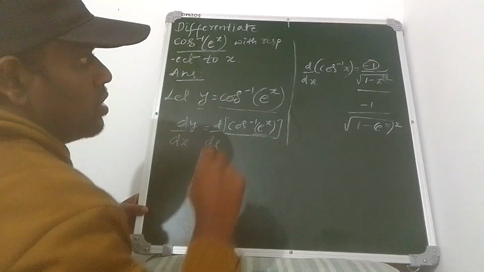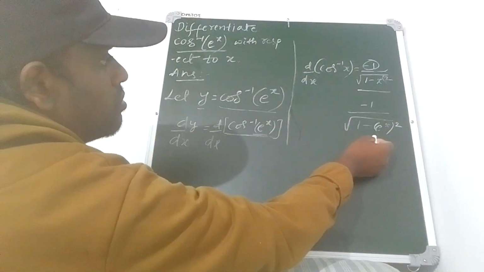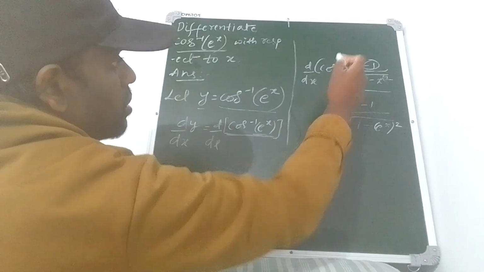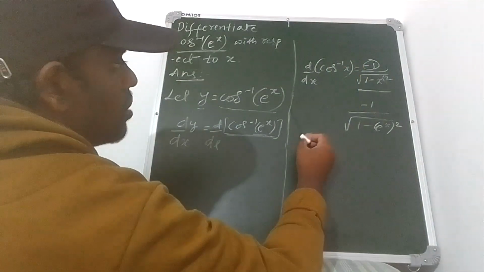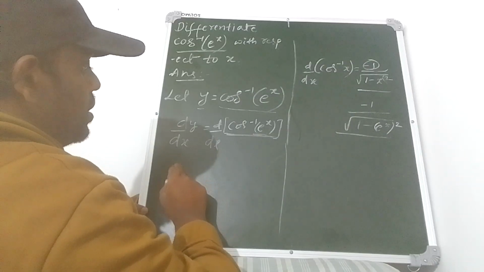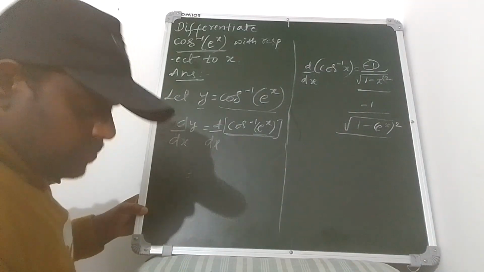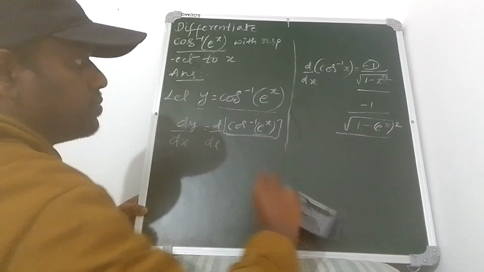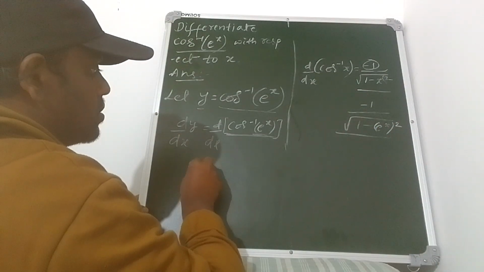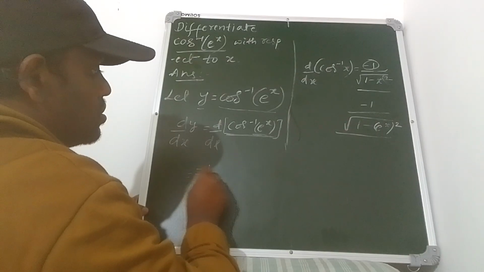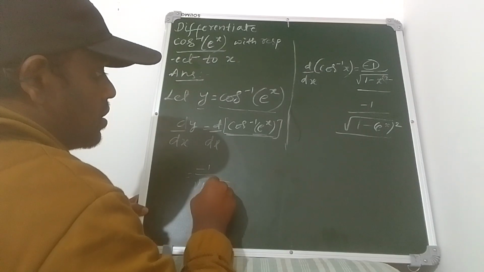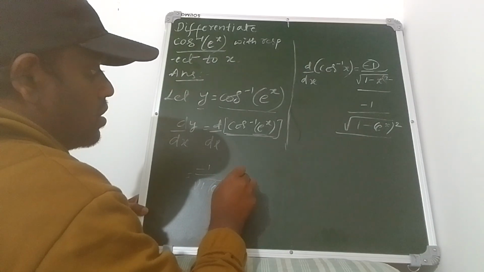Now we have differentiated the whole thing with respect to x using this formula. In the next step, write this first: minus 1 by square root of 1 minus e to the power of x, whole square.